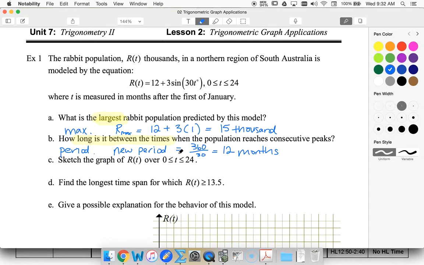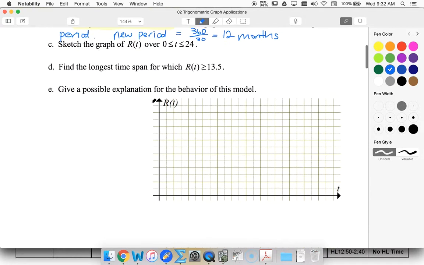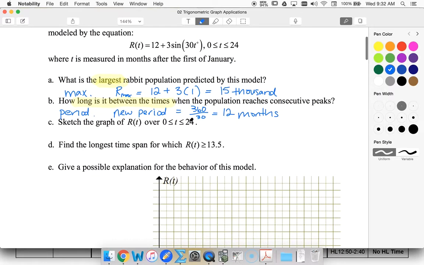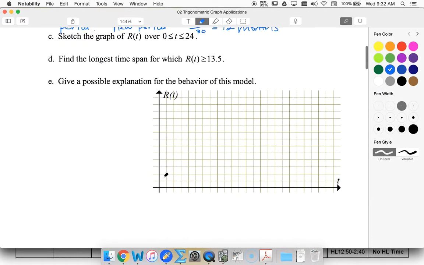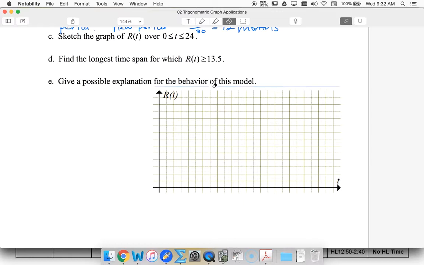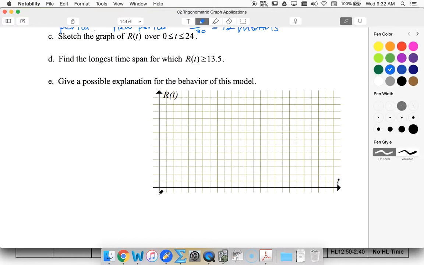All right, so now let's sketch it over the year. And we're actually sketching over 2 years, so we're going to see 2 full cycles. We know that our midline value, our principal axis, is going to be 12, and we've already said the max is 15. Let's count by 1.5.